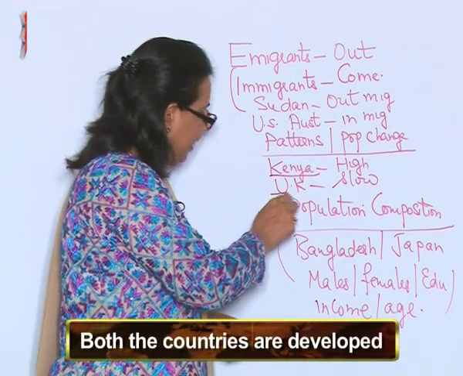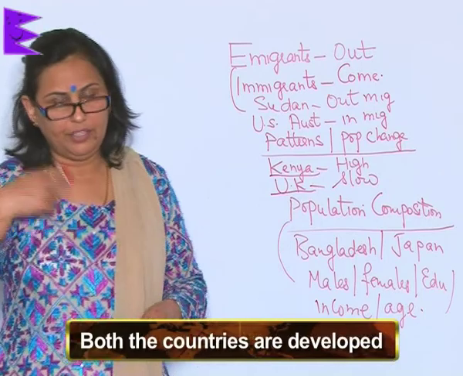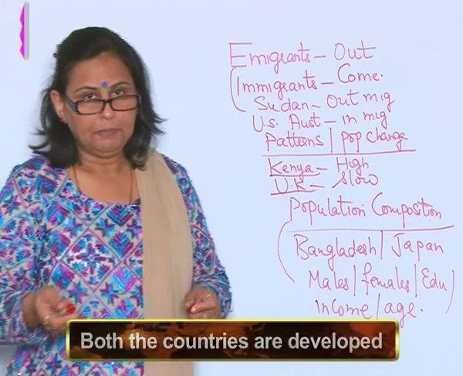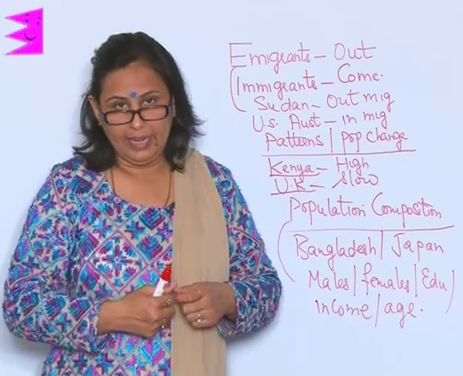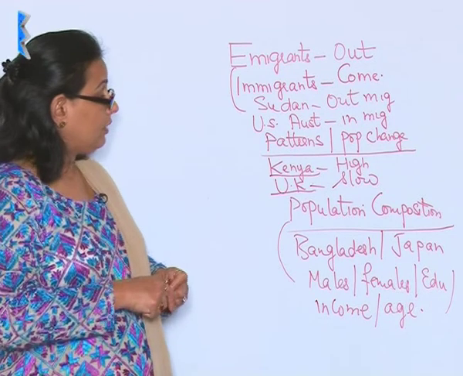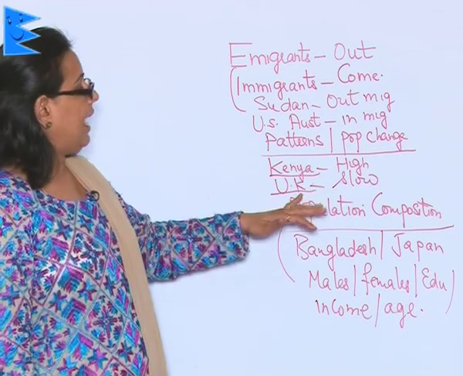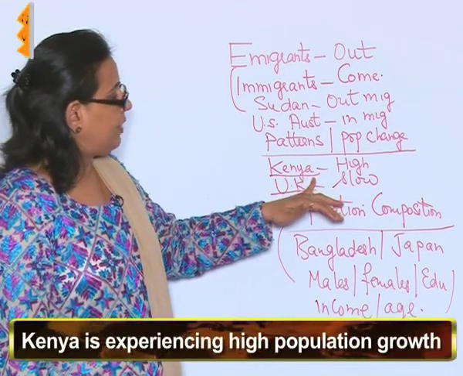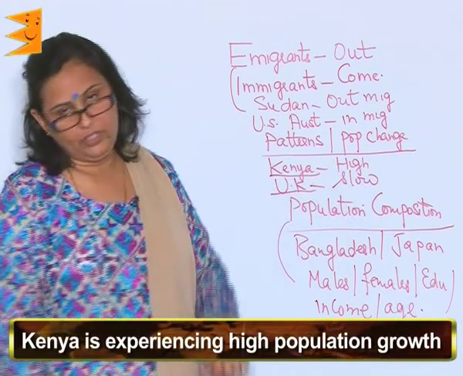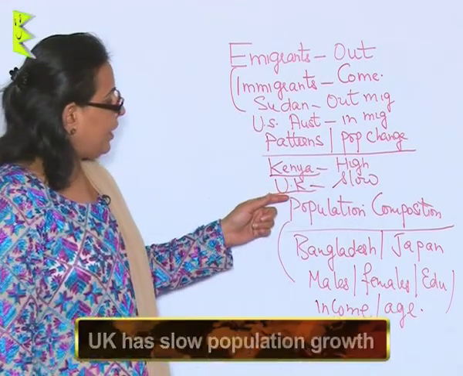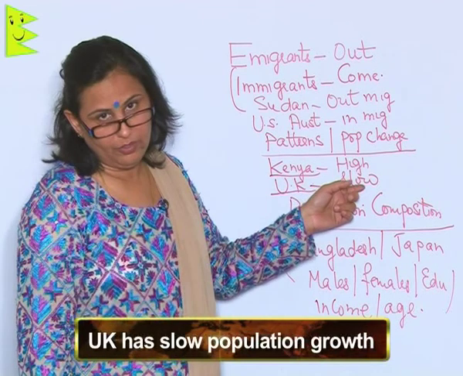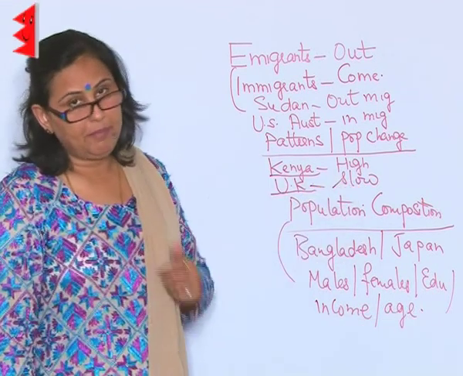They have everything good, infrastructure, education, health facilities, and they have people who are healthy, happy. But we see that Kenya is experiencing high population growth, whereas UK has slow population growth. Now what is the reason behind it?